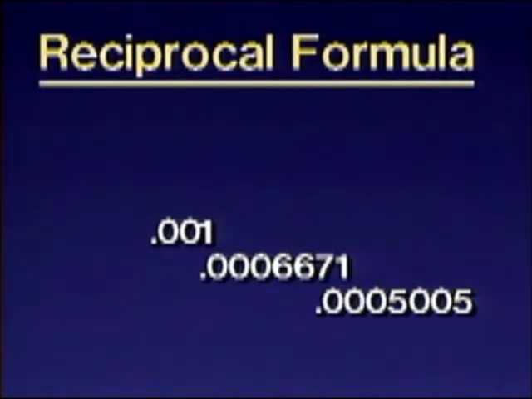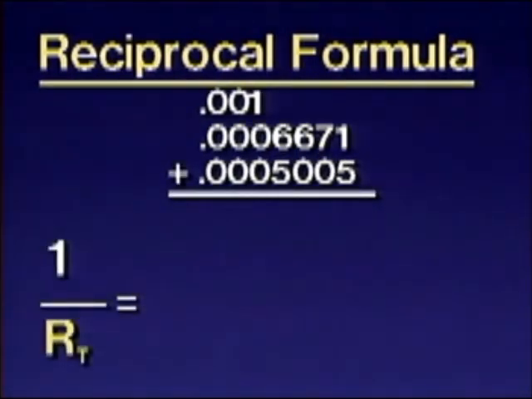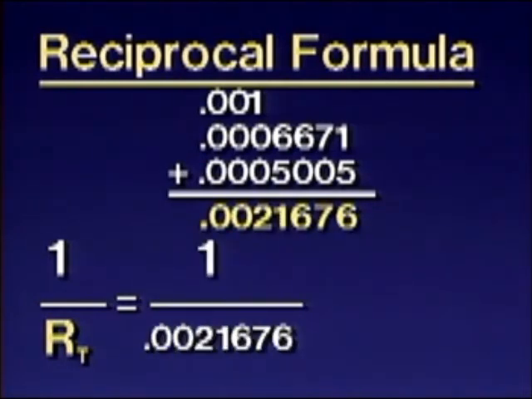Now add these numbers together to get 0.0021676. Then divide 1 by 0.0021676. This gives you 461 when rounded. Therefore, according to the reciprocal formula, total resistance, RT, equals 461 ohms, which is within tolerance.